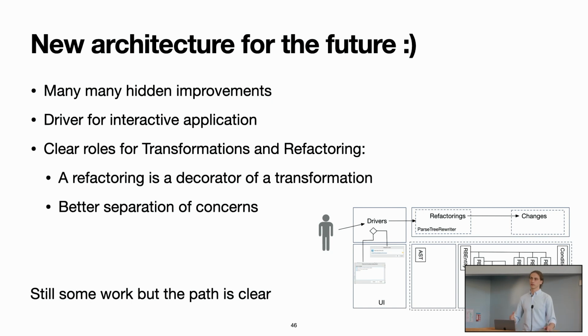And we have better separation of concerns there. You can see the new architecture in the image. There's a lot of work ahead, but we cleared it. We put a lot of work in, and it's much more clear and easy to work with. So yeah, thank you. That's it.